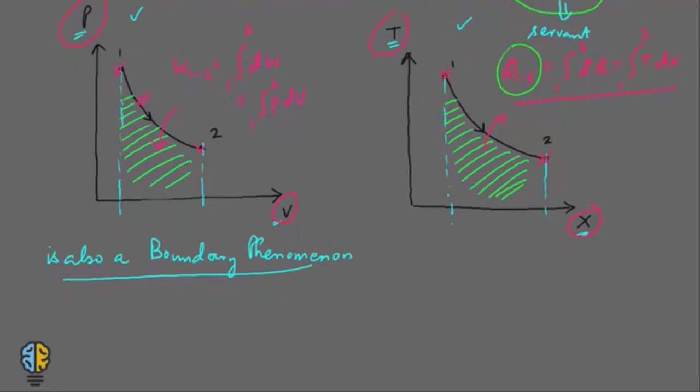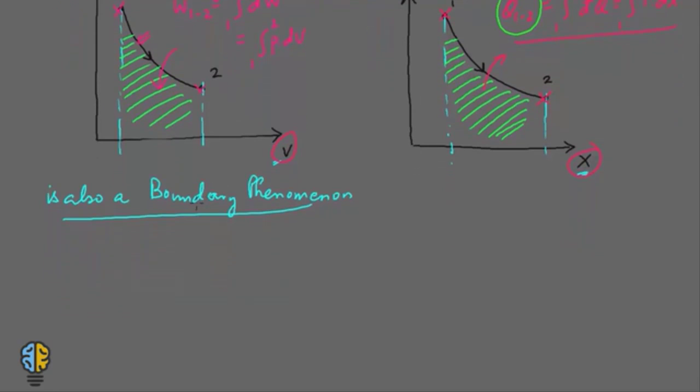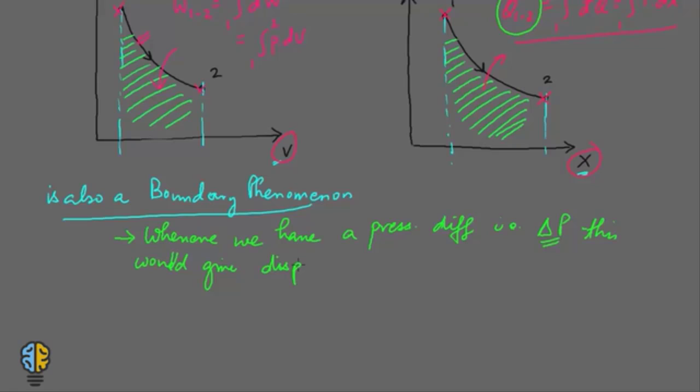So if you summarize this in a nutshell, the first summarization would be: whenever we have a pressure difference, that is, we have delta P, this would give us some displacement work.